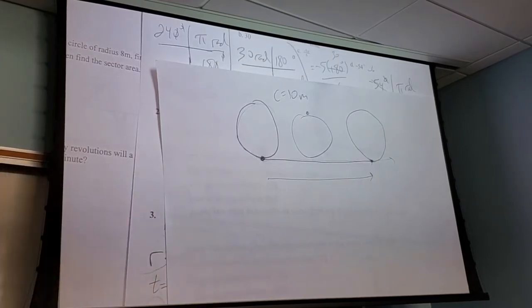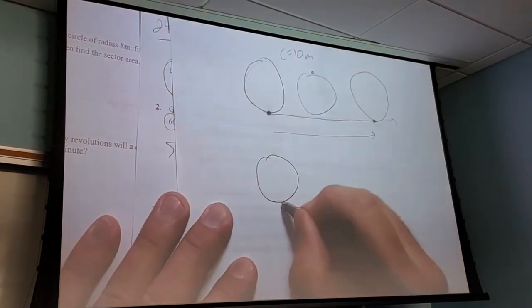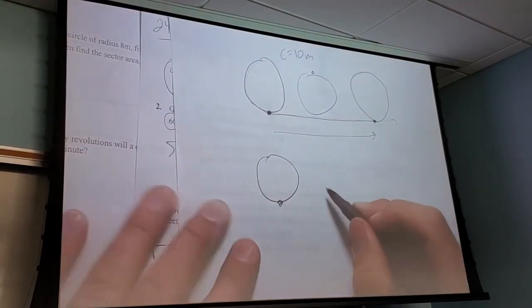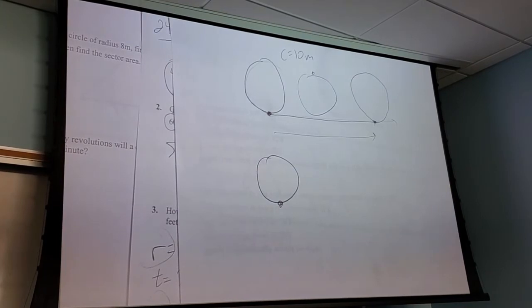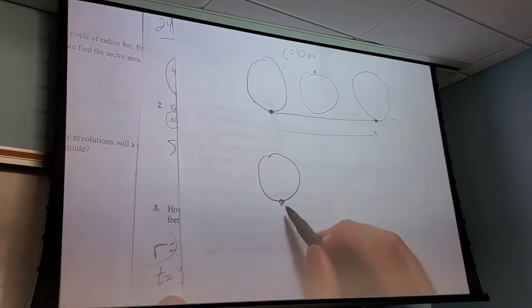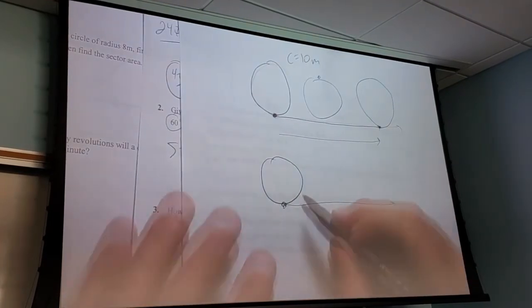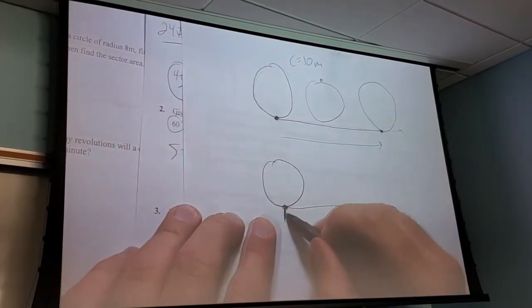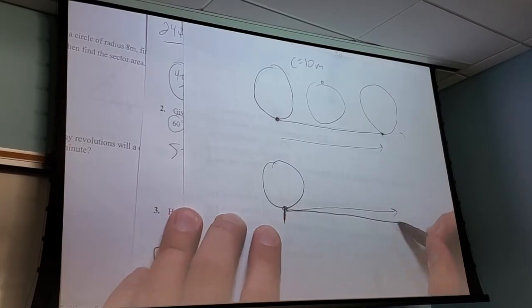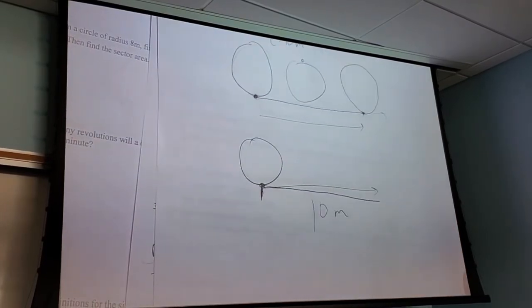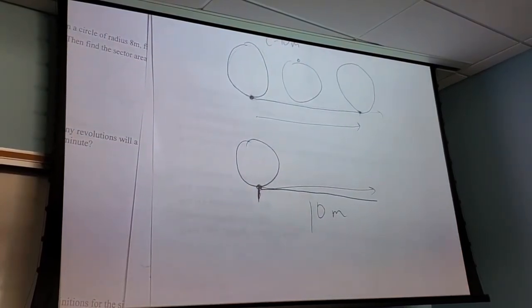Imagine if I had it sitting here, and as it rolls forward, it breaks and kind of lays out. So it's broken now. And so it's like it's stuck here, and the rest of it just lays out. Wouldn't this be 10 meters? I don't know if you guys see what I'm saying.